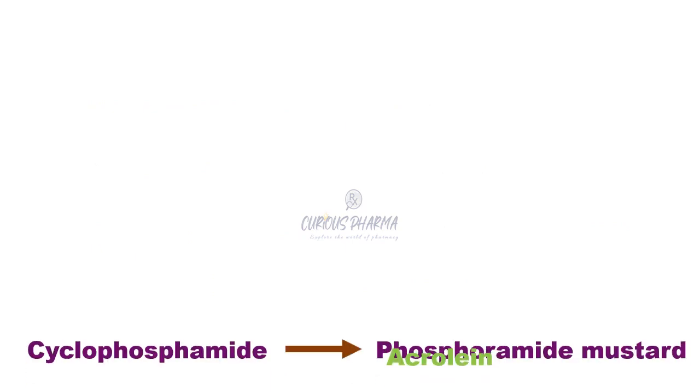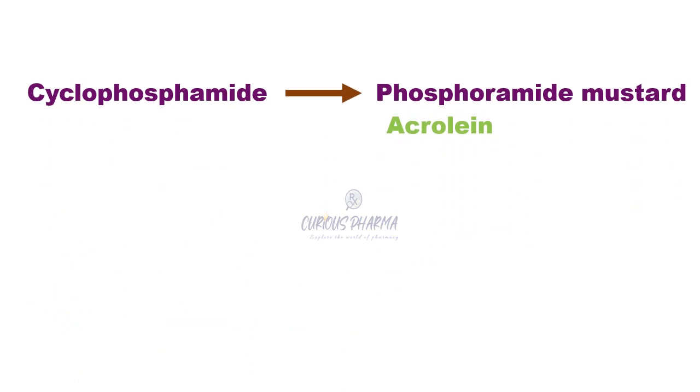Here comes cyclophosphamide. Cyclophosphamide is a prodrug that is converted into the active forms phosphoramide mustard and acrolein respectively in the body.